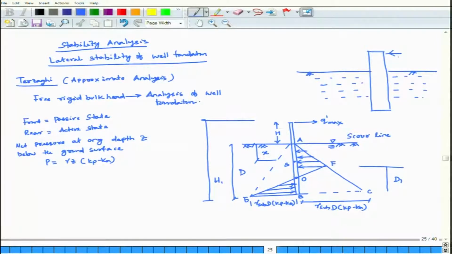So, Q maximum prime is equal to the horizontal force per unit length acting on the bulkhead of total height H1.